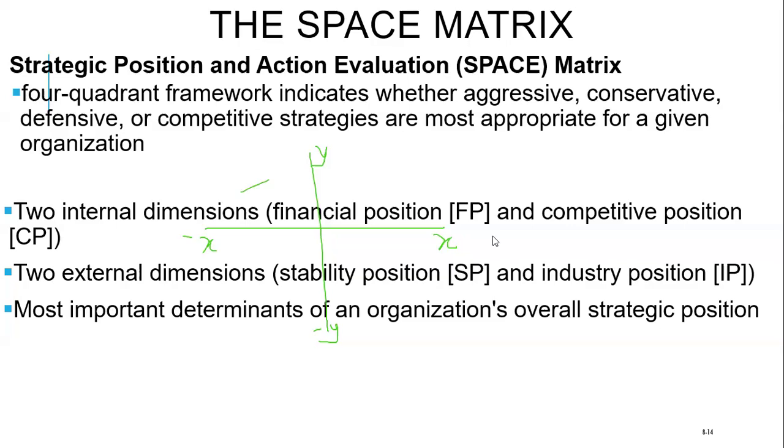And depending on the part of these 4 quadrants that they will fall, it will also profess some specific types or categories of strategies that will be more reliable for the organization to flourish.